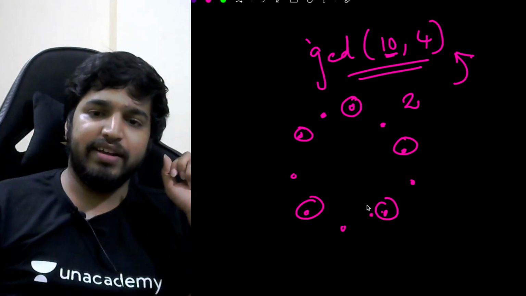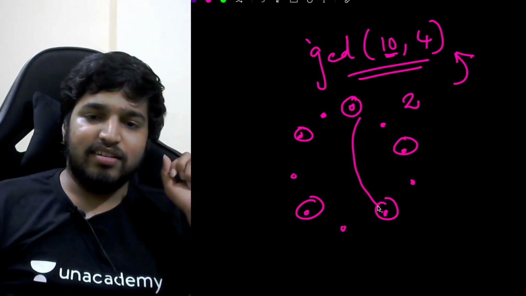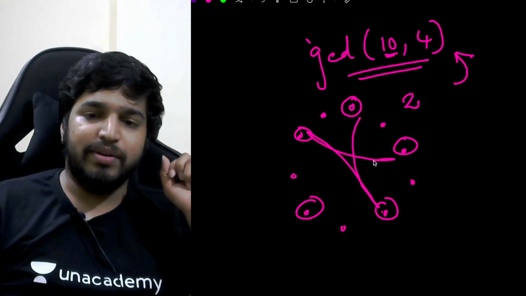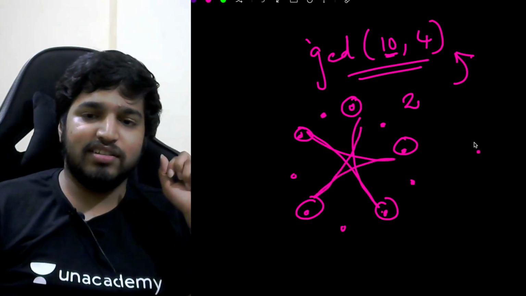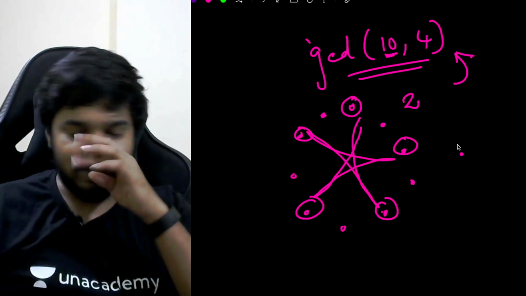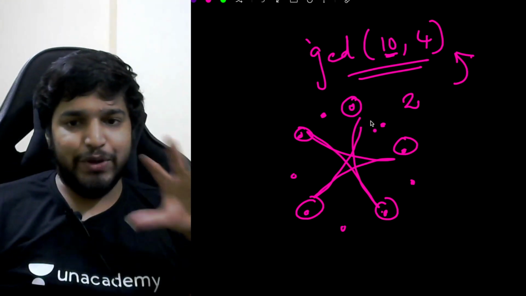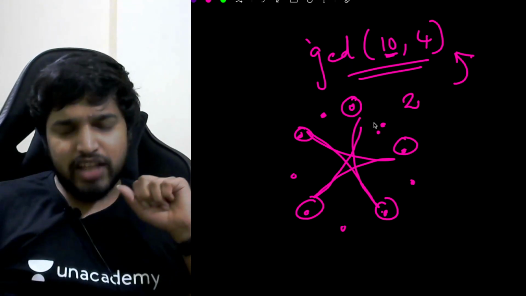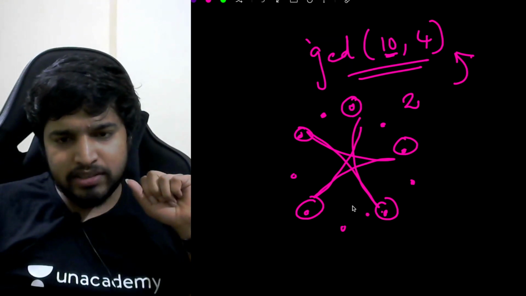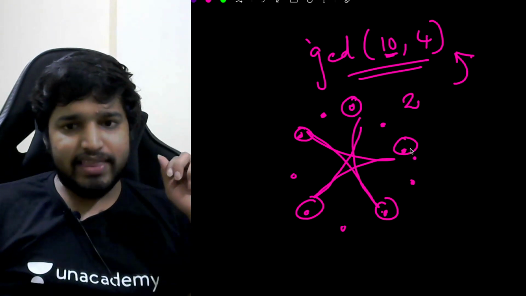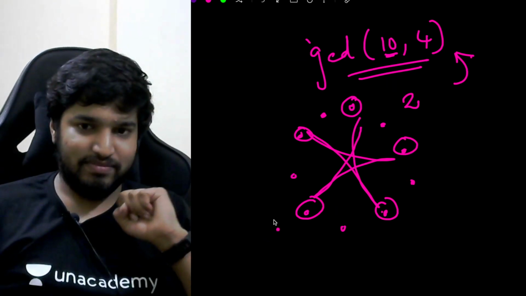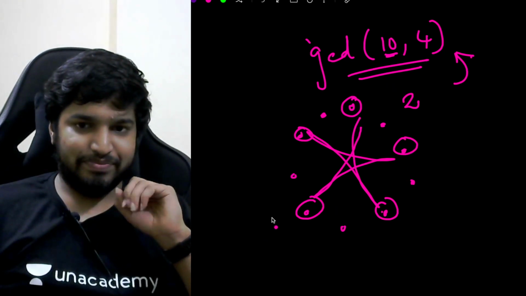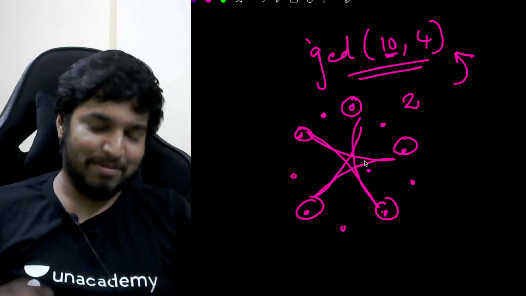You can see the star forming, but that's a different story. We can see that the gap between all numbers is the same, and that gap is the GCD.